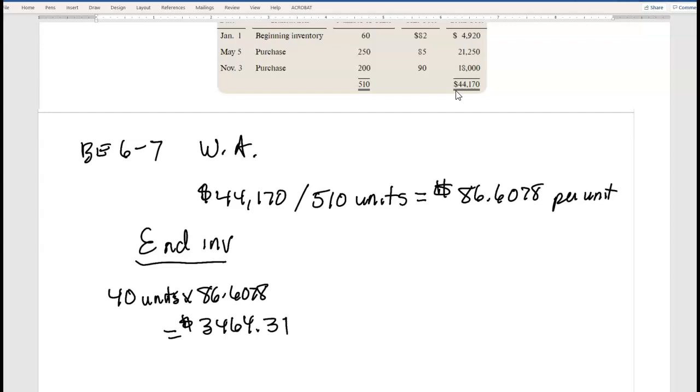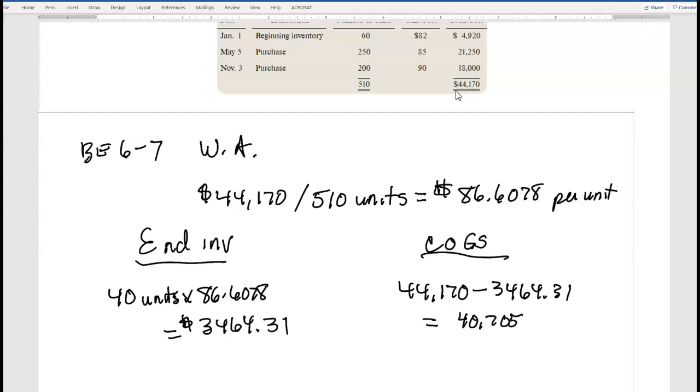Now you can do the same thing here that you did on the other ones. So that's ending inventory. This is cost of goods sold. We can take $44,170 minus 3,464.31 equals 40,705.69, and it's a rounding thing here, so just be aware of that.